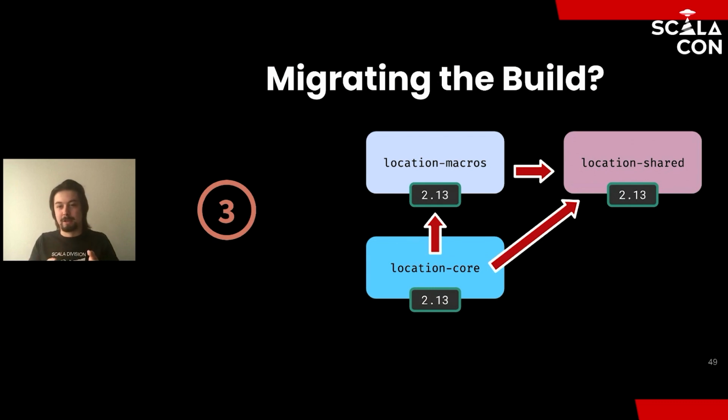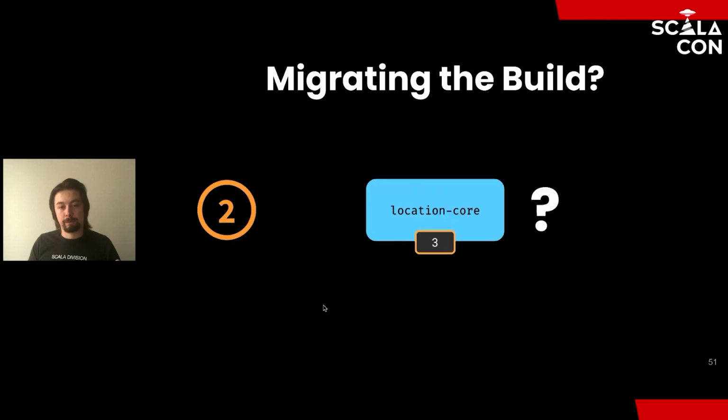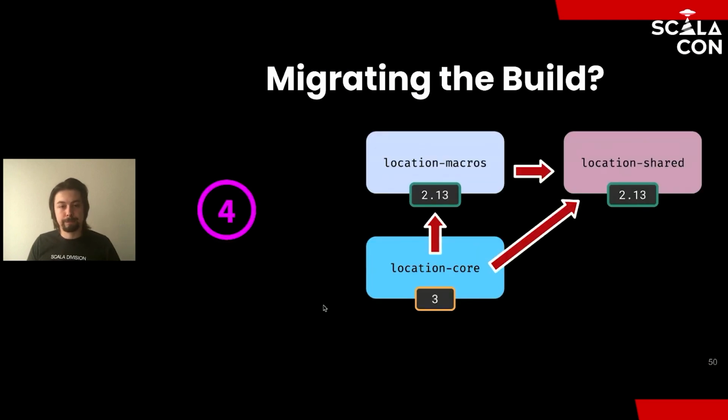So location shared contains the case class, and the location macros depends on that case class. And also the macro API front end depends on that case class as well. So this is a big, huge mess, but it would allow us to then compile that extra file that we saw before with Scala 3.